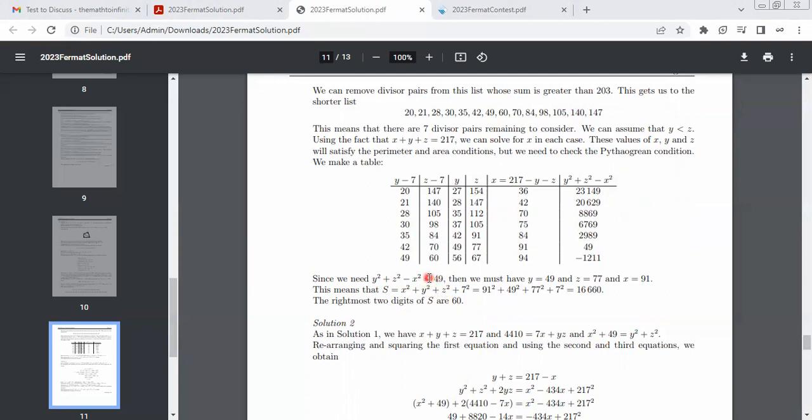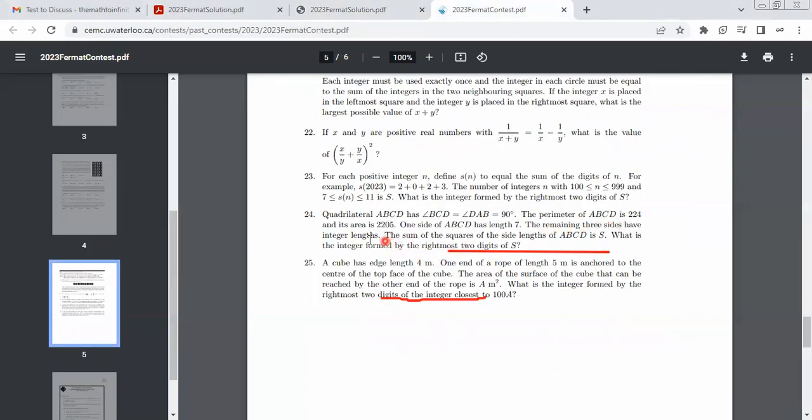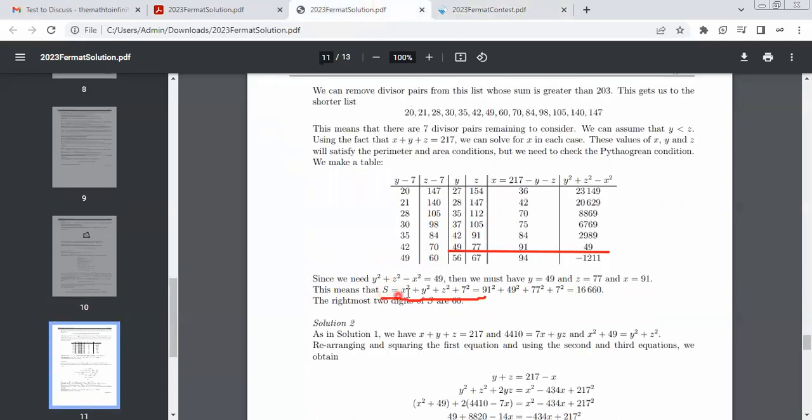We need this, so that the only one that solves it is if z is 91 and y is 42. Now if you substitute the value of s, this is also given in the question. They were saying that the remaining three sides have integer lengths, and the sum of the squares of the side lengths of ABCD is s. Which is why they have written s as x square plus y square plus z square plus 7 square. Is it clear?